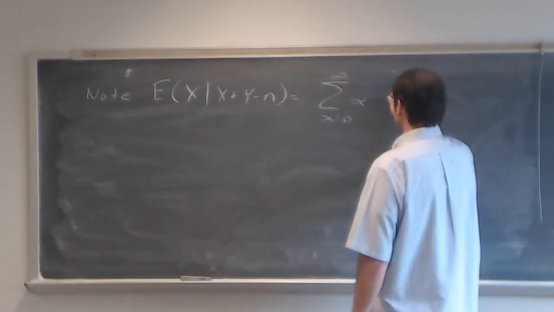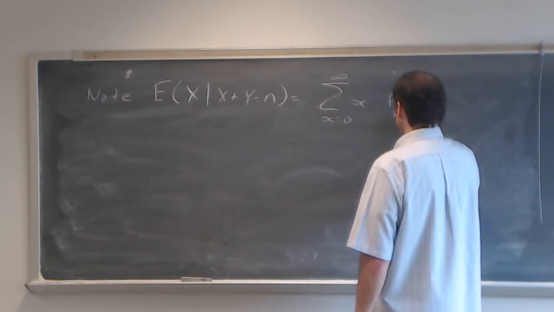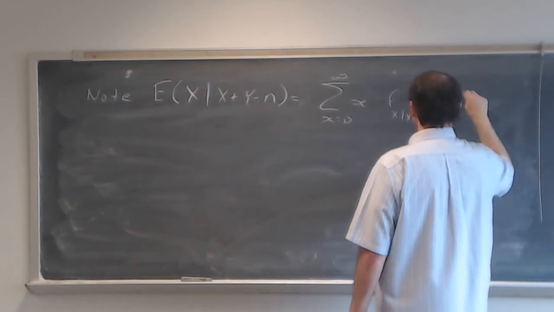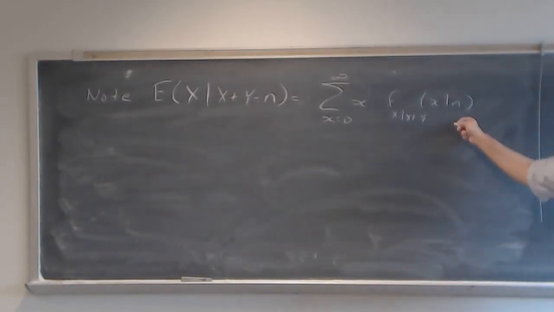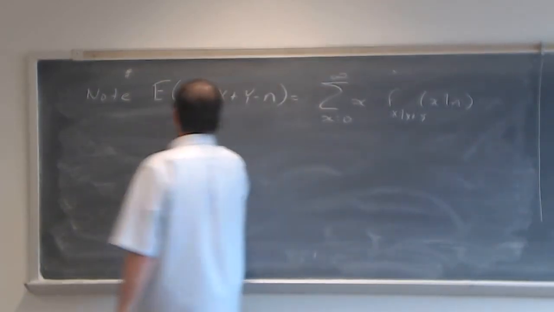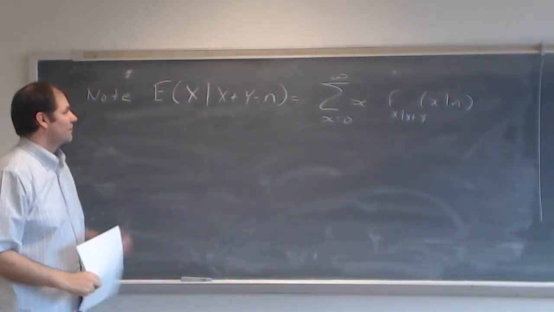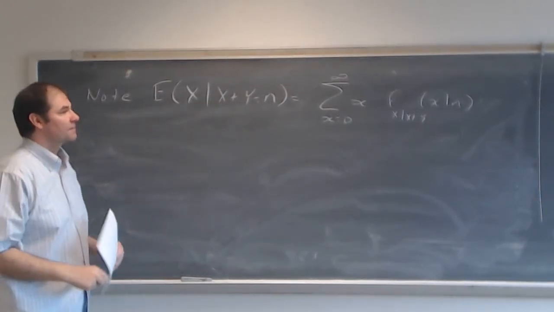And then it would be f of x given x plus y, of x given n. Okay, that's what we have. That was from the general definition of the expected value of discrete random variables, X plus Y in this case.